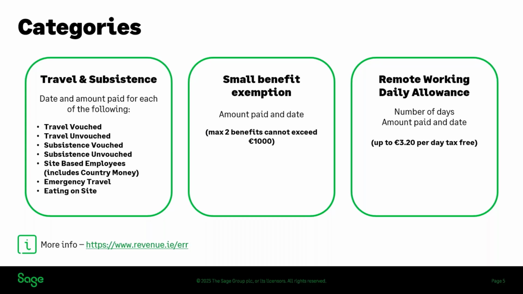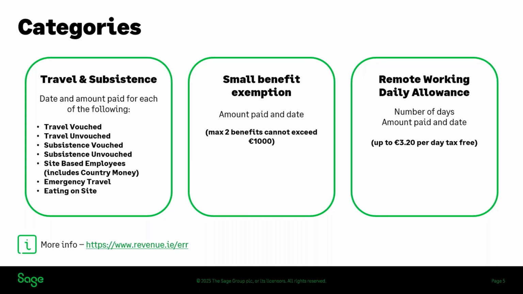So travel vouched, travel unvouched, subsistence vouched, subsistence unvouched, site-based employees, and that category includes country money, emergency travel, and eating on site. So as part of the submission, you need to say what category that falls under, and that will be something that we show you in the demo, how to assign that, and the amount paid.